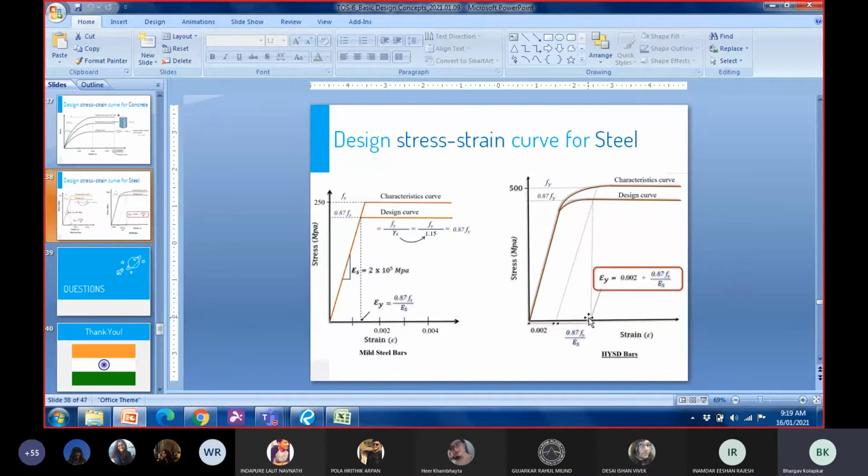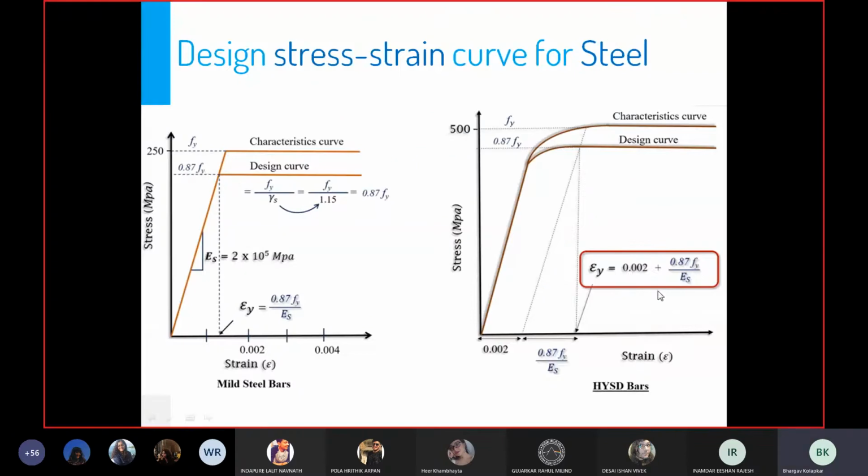So the strain here is 0.002 plus the stress upon modulus of elasticity, which is 0.87 Fy upon Es. Okay, so this is a very important term to remember. We are going to use it now and then in flexure. Epsilon y is equal to 0.002 plus 0.87 Fy by Es. This is the strain in steel when it yields.